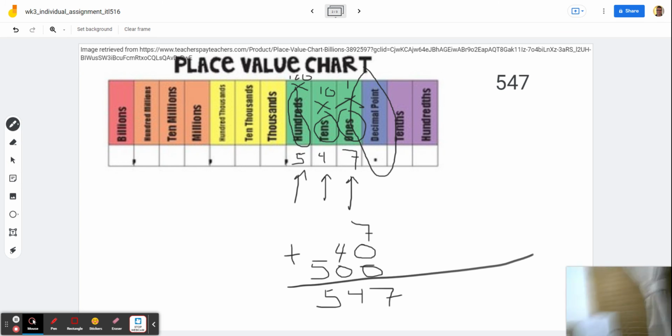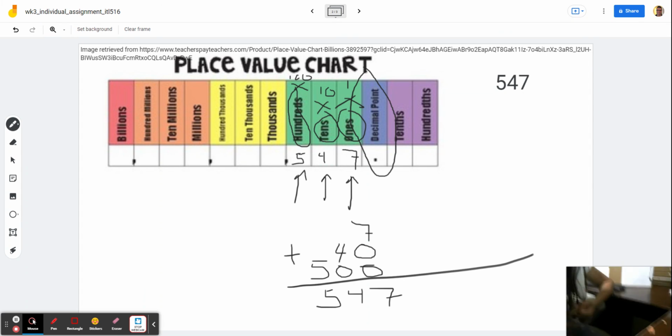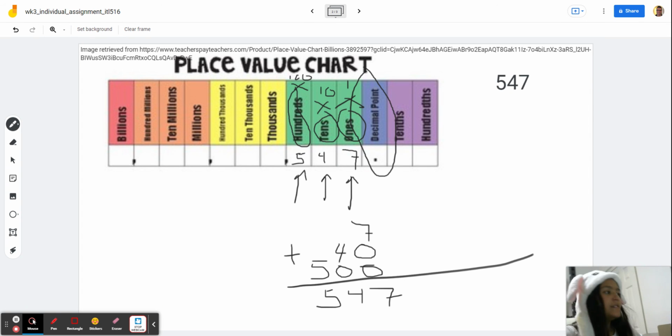Okay. So she's going to get our 500. Could you please show us how to represent 547? It's written right here too, if you notice. Okay, 547 using our number blocks. Okay.